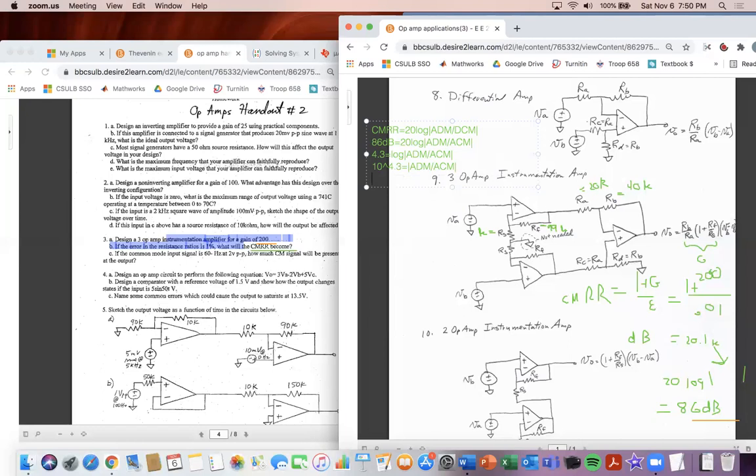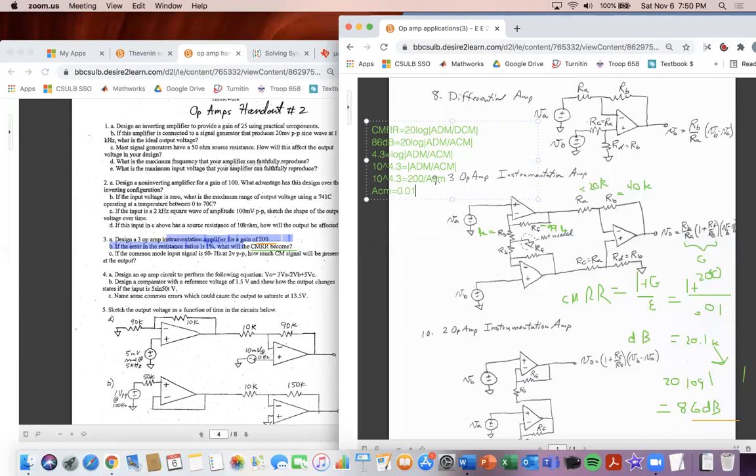So when you plug in, we know the amplification of the differential mode given by part A is 200. So 10 to the 4.3 is equal to 200 divided by the amplification of the common mode, and multiplying over, the amplification of the common mode should equal 0.01.